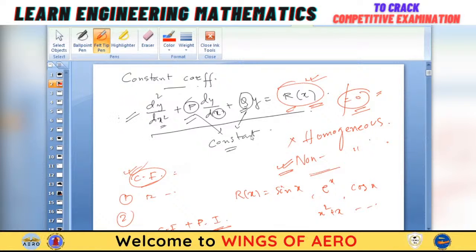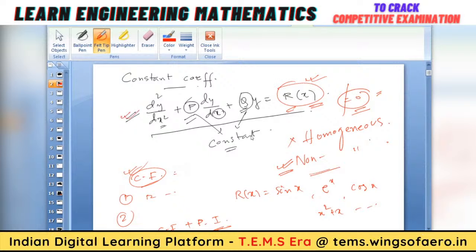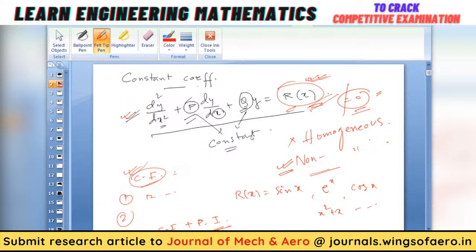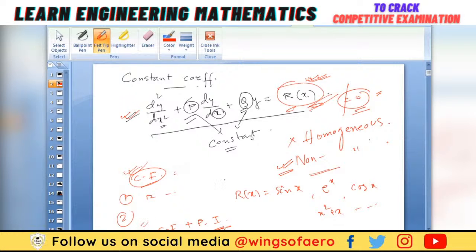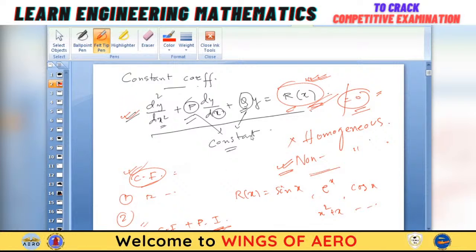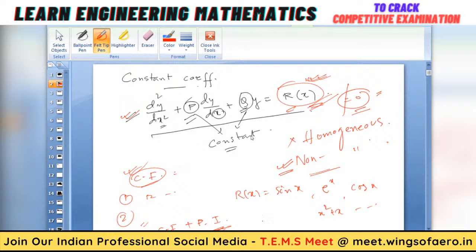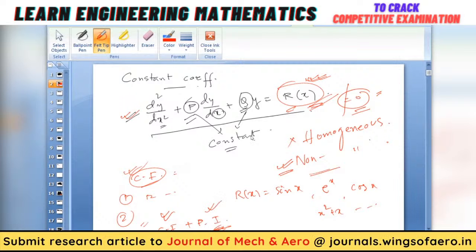That is, first you have to find the CF by considering the right-hand side equal to 0, then you find the PI applicable for the RHS, if any RHS exists, and then add the CF and PI, which will give you the solution. But in the GATE examination, there is less chance of a complete solution, CF and PI, because this is a very long method. So either CF finding or PI finding is asked, but not together.